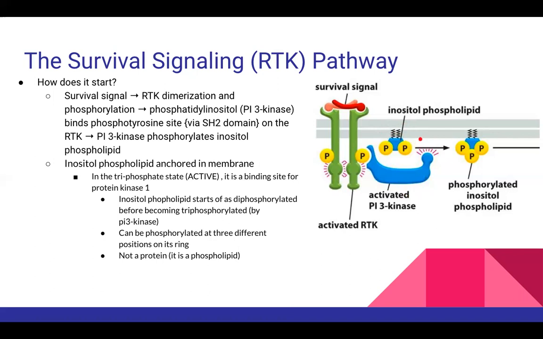Once it gets phosphorylated by PI3 kinase, the inositol phospholipid becomes triphosphorylated, so it gets an extra phosphate added to it. Once it's in the triphosphorylated state, the inositol phospholipid becomes active, and it is able to bind to other proteins, which we'll get to in the next slide.